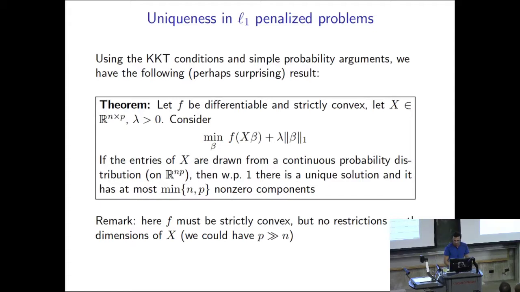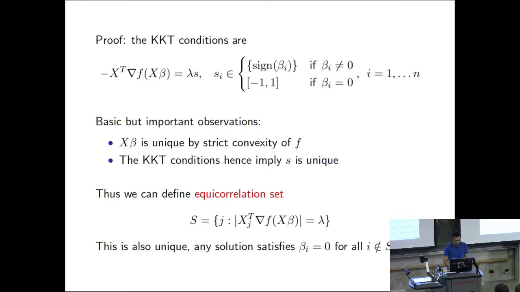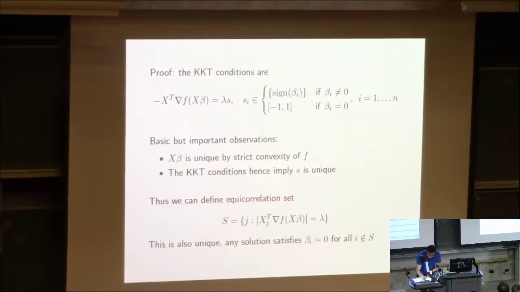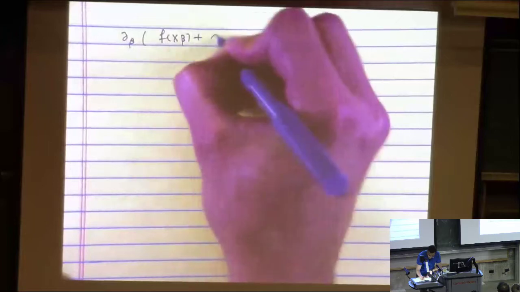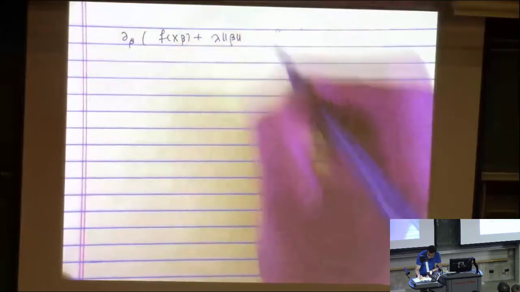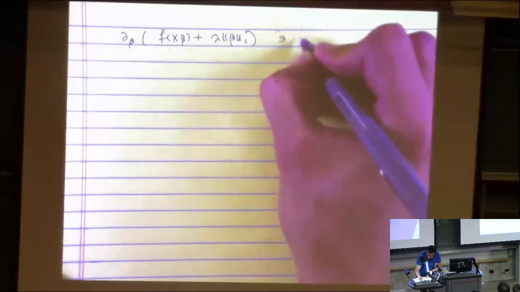So let's go ahead and prove that from the KKT conditions. You've seen these before, in fact, and because it's an unconstrained problem, they're just subgradient optimality. Right? There are no constraints, so this is just the subgradient optimality condition. That if I take a subgradient of my criterion with respect to beta, that criterion being f of x beta plus lambda times the L1 norm of beta, this has to have 0 in it.